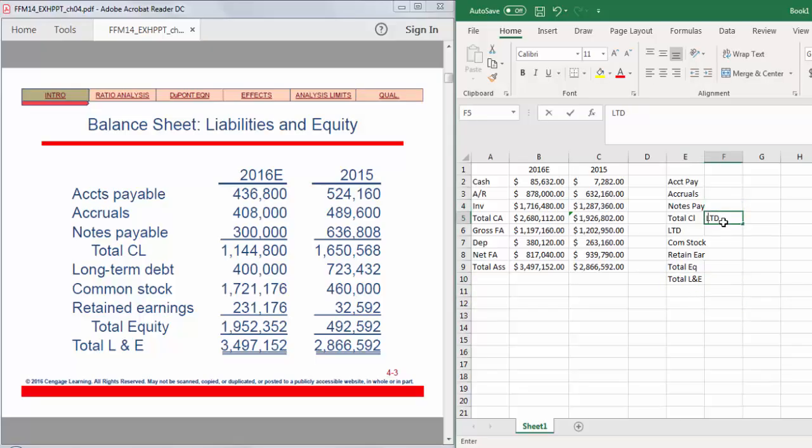So I can clear this off. So again, this is 2016 estimate.